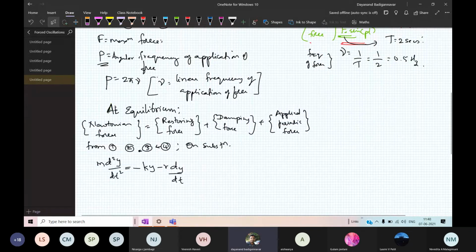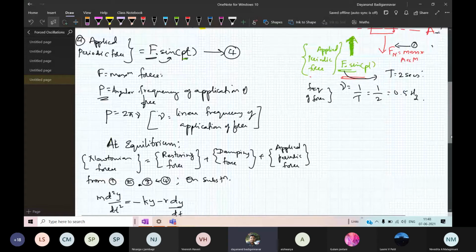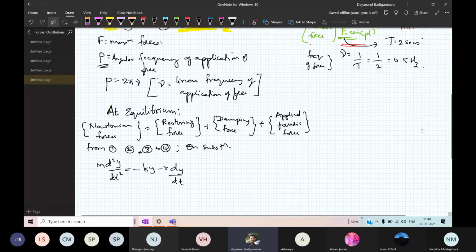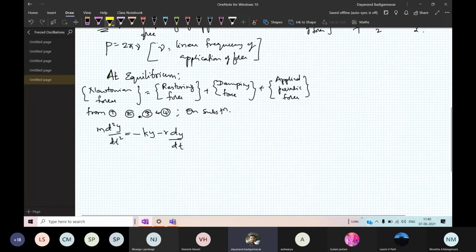And the last one is the applied force, equation number 4, the applied periodic force, which gives plus F into sine of pt.